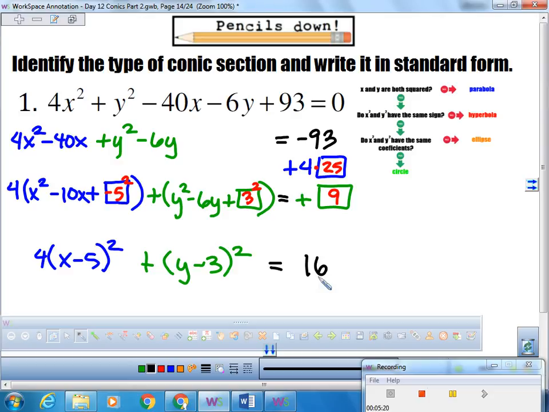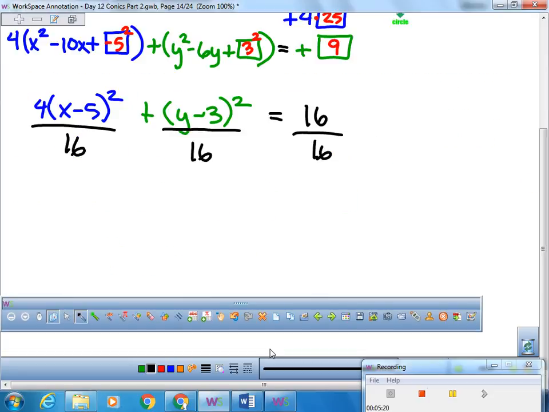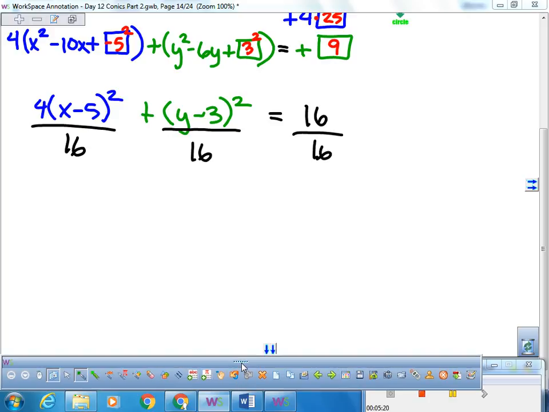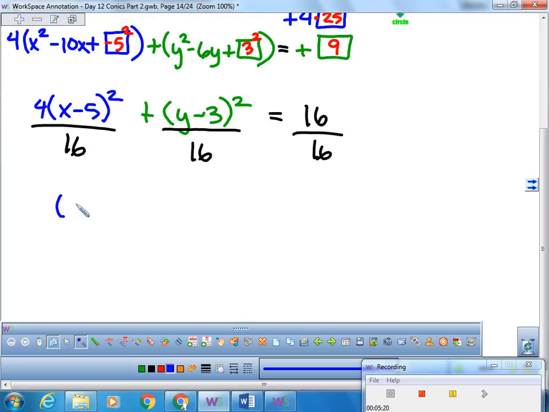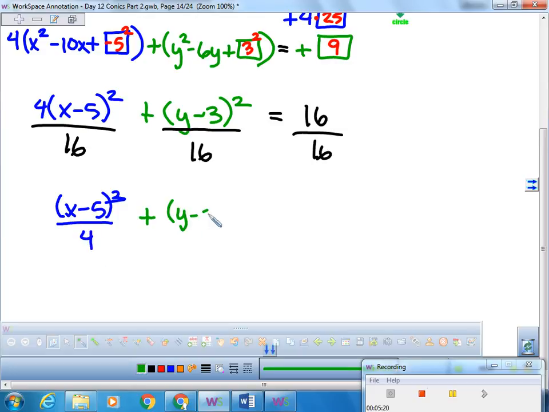So when I divide both sides by 16, that's where this turns into my ellipse. The 4 and the 16 cancel each other out. So I have (x minus 5) squared over 4 plus (y minus 3) squared over 16, and there's nothing to cancel here, so it just stays 16, equal to 1.